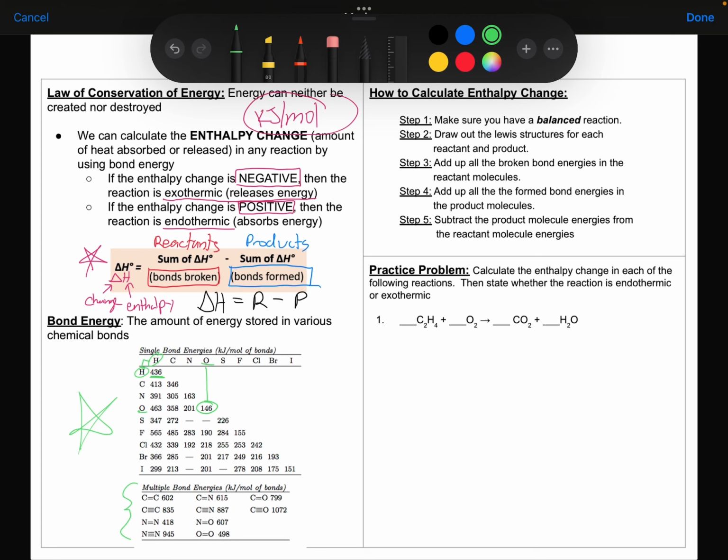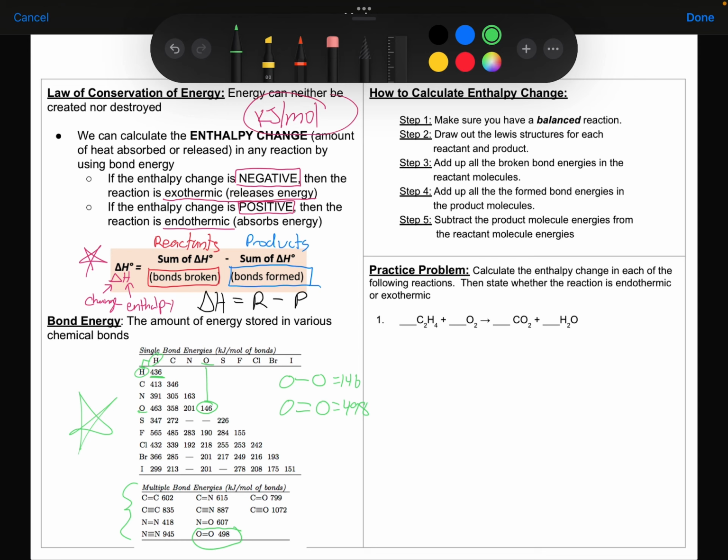So let's say that you want this bond, well, that's going to be 146. But if you wanted this bond, then you would have to look down on the bottom here, and that value would be 498. So again, those values are going to be different based on the strength of that bond, so if it's a single bond, a double bond, or a triple bond.